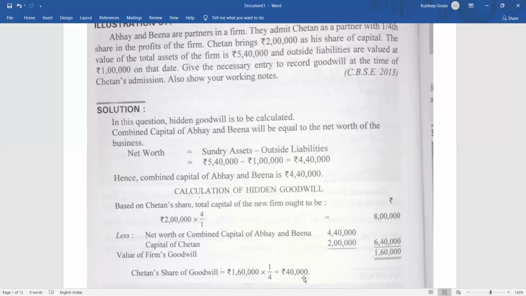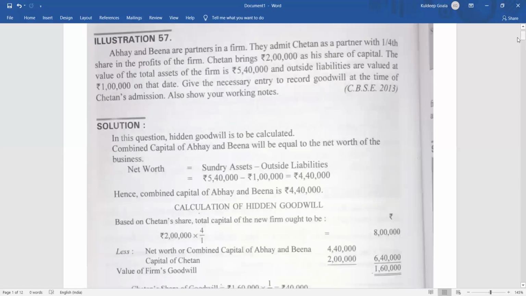Okay, 40,000 to, see here, neither the new ratio is told nor the sacrificing ratio is told. Who is going to sacrifice how much? So we will take the old ratio as the sacrificing ratio, right? But you might have the question now: Abhay and Bina are partners, and nowhere is it told what the old ratio is.